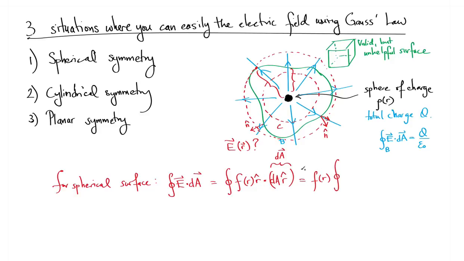The R hat dot R hat just turns into 1. Then we're left with the integral over the entire surface of dA, right? That just gives us the surface area of the sphere, so it'll be 4 pi R squared, right? And that gives us the Q enclosed, which might be a volume integral, over epsilon naught.